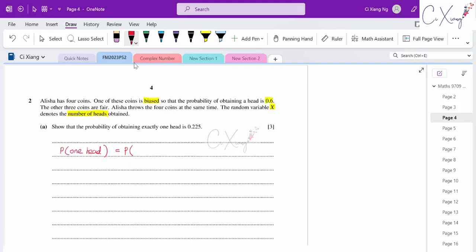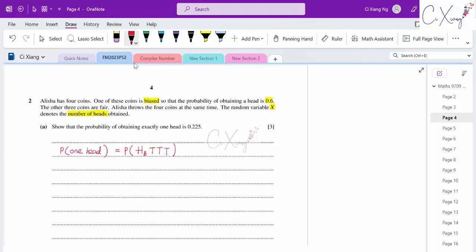Very likely we might have the head appear at the biased coin. The B here means biased. So HB represents the biased coin showing a head, and then the other 3 normal coins will be T, the tail.